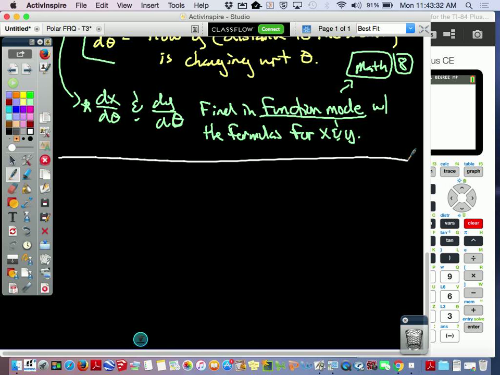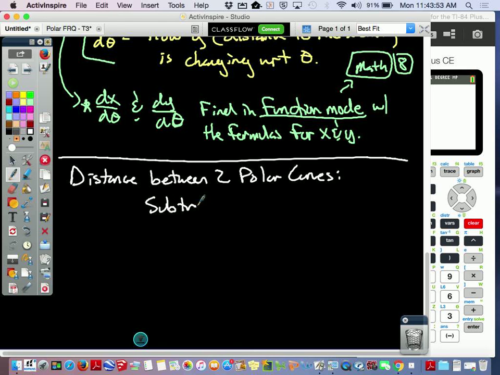All right, a couple of the things that could show up. These are kind of the rarer ones, but if we need to find the distance between two polar curves, you would just subtract the two formulas, or subtract the two curves.